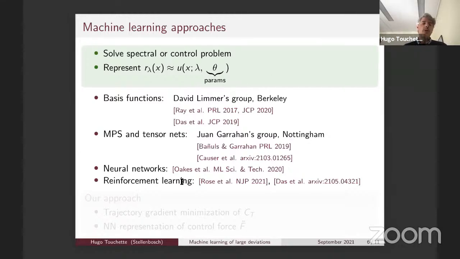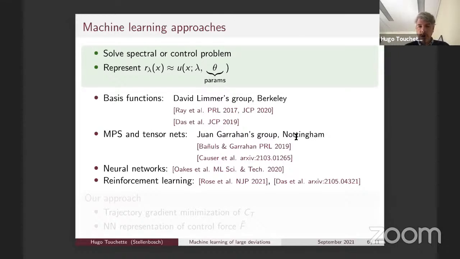And then once you know that you can represent these functions as a control problem, it makes sense also to use ideas from reinforcement learning to try to solve the control problem. This has been done very recently by the group of Juan Garrahan in Nottingham. And more recently, the two groups have started working together on this idea of using reinforcement learning.